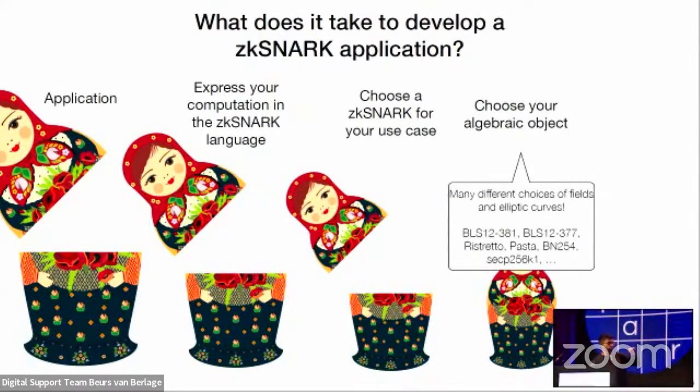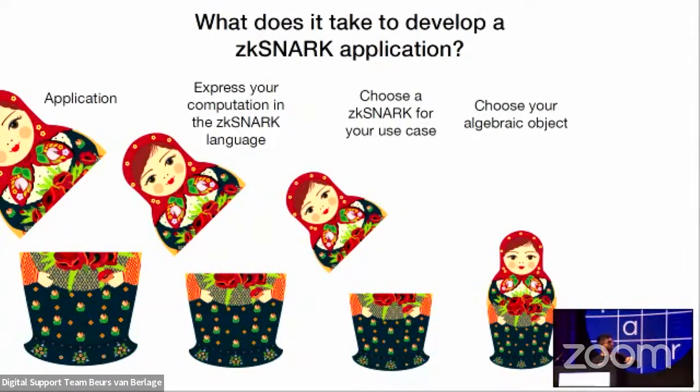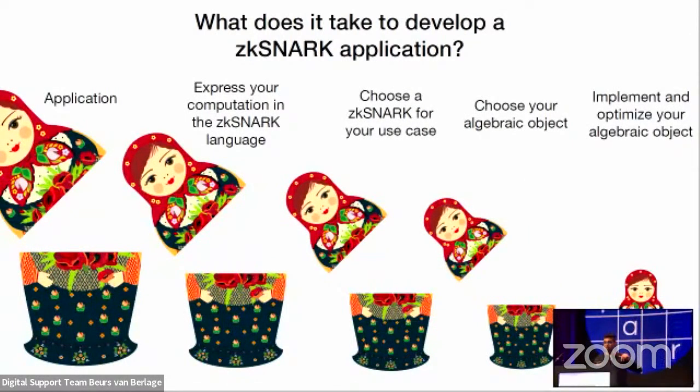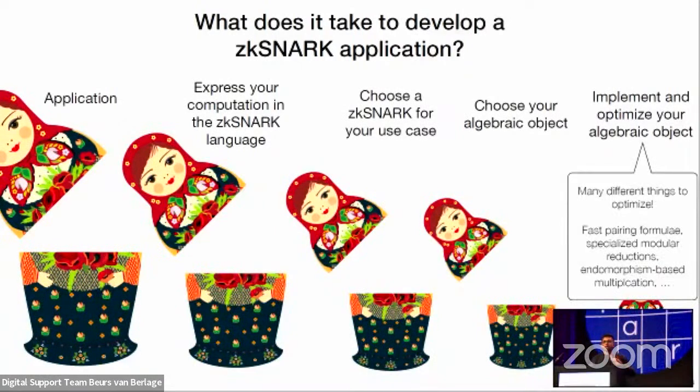And again, then you're still not done because you have to either implement or find an optimized implementation because these ZK SNARKs have enormous overhead compared to running your computation normally, like orders of magnitude. So you really want to pick a very optimized implementation for your application. Otherwise, it's going to be really slow. And there's again lots of choices for optimization here.